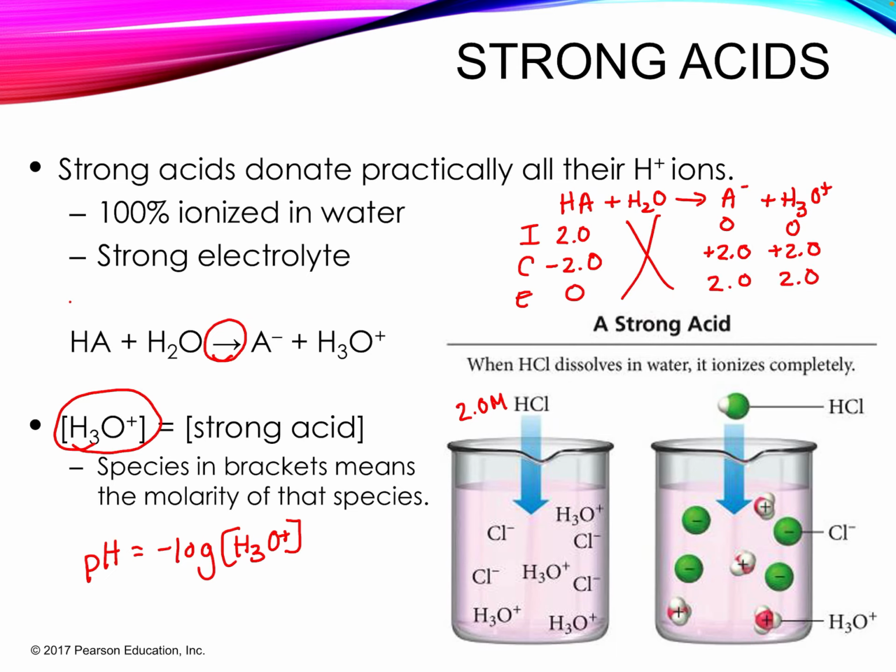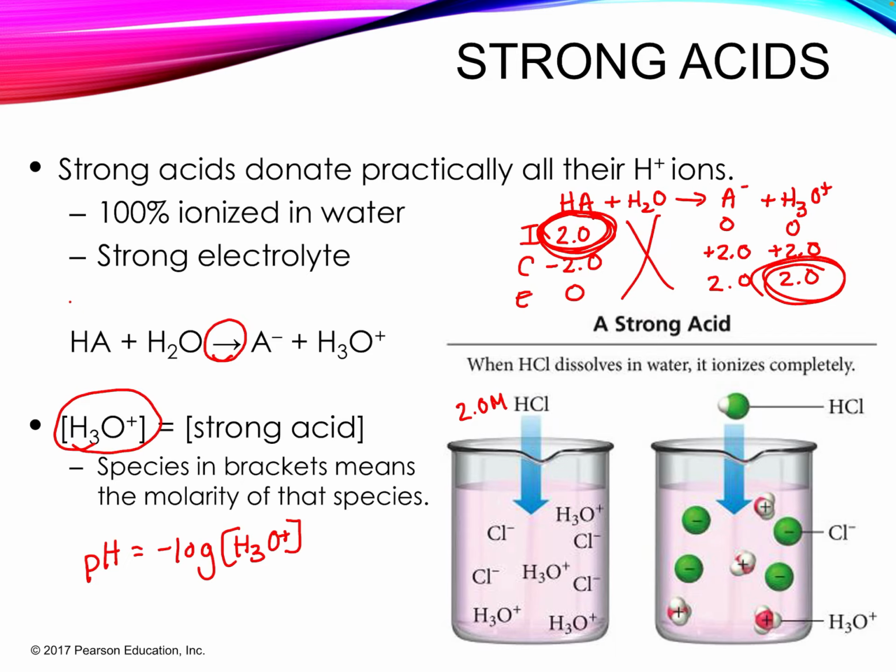So you can think of our 2.0 as being like minus X, plus X, plus X. So our initial concentration of our acid, because it completely dissolves, is going to be equal to our hydronium ion concentration at the end of our reaction, not our equilibrium, at the end of our reaction.